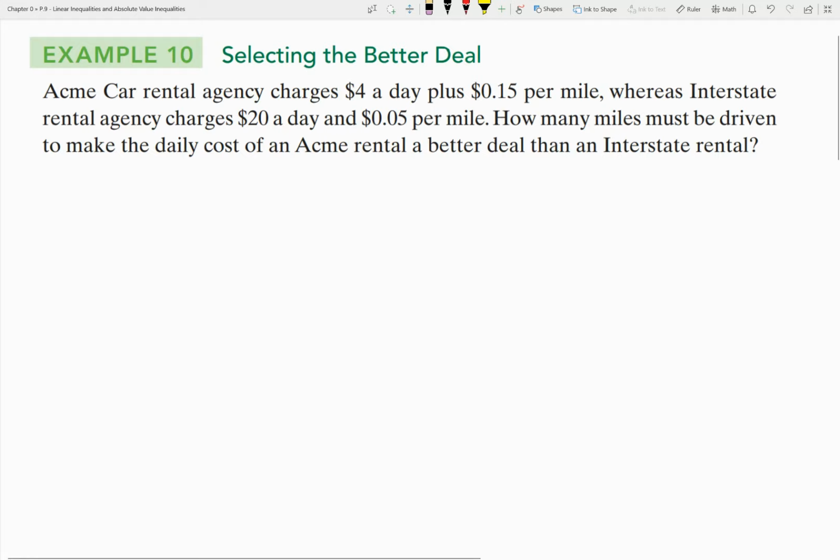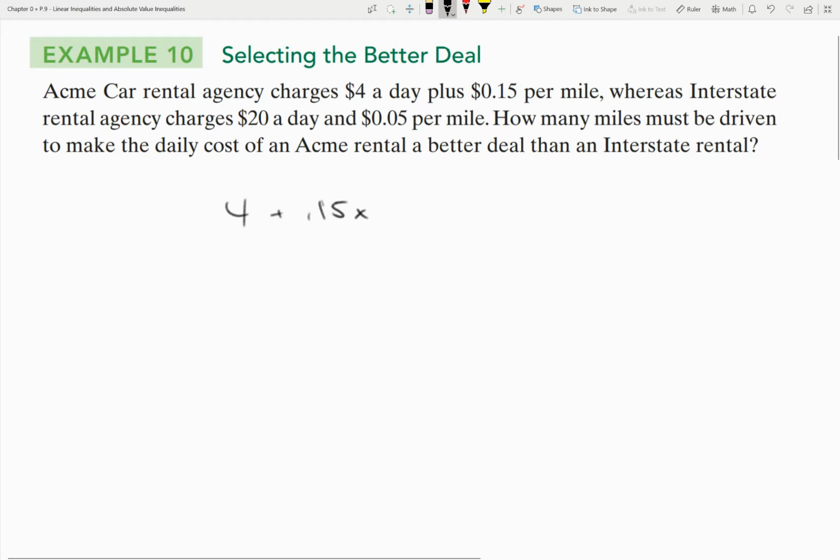How many miles must be driven to make the daily cost of Acme rental a better deal than the Interstate rental? Okay, so I want to know when, so we have $4 a day plus 15 cents a mile.